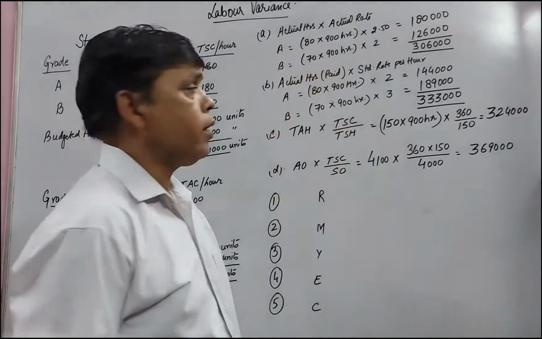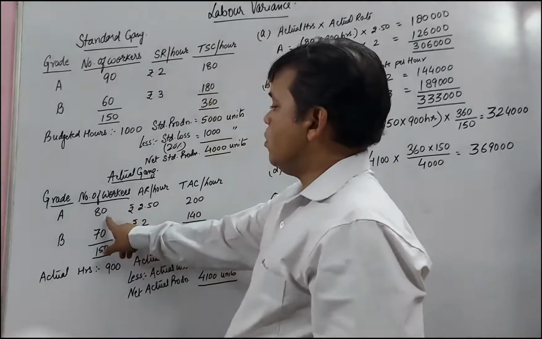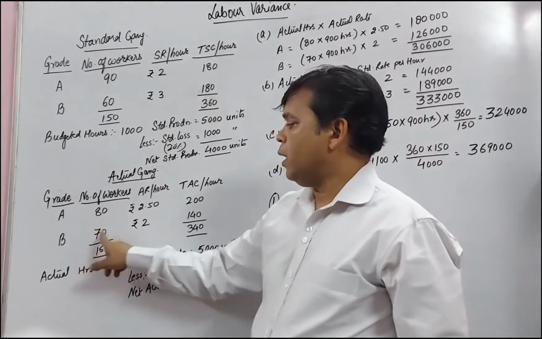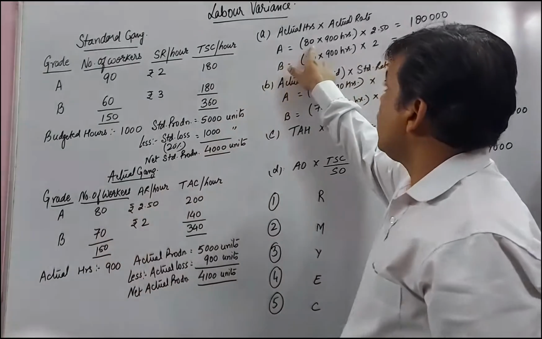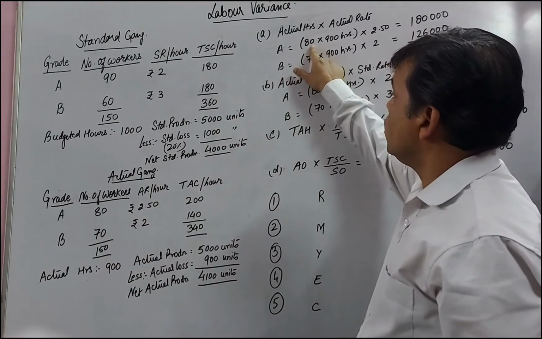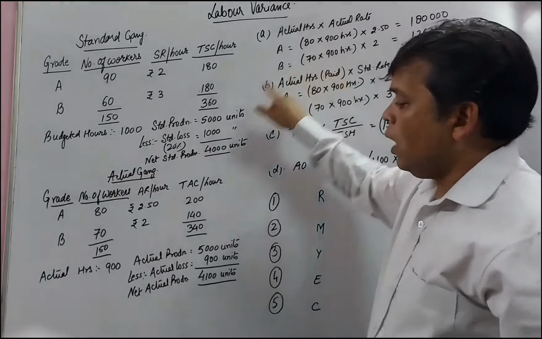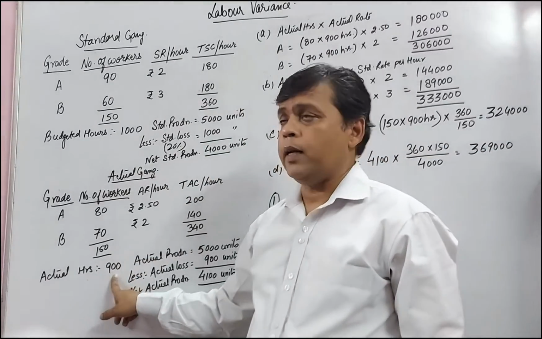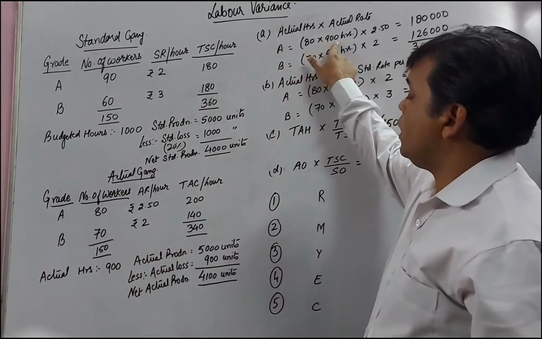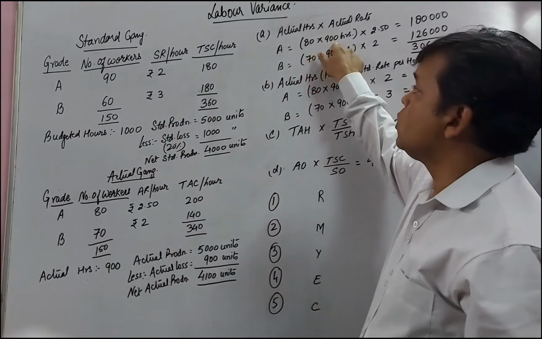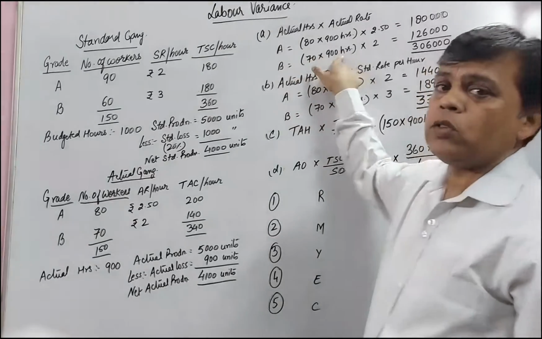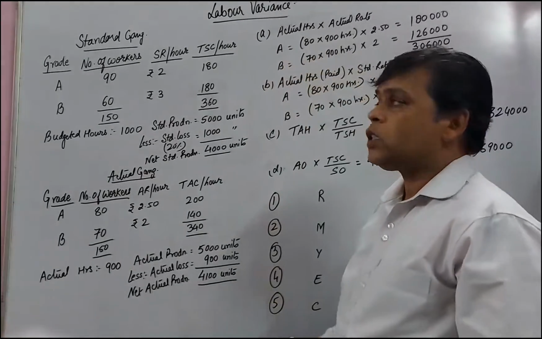Actual hours into actual rate basically means that the number of workers in actual is 80 for grade A and 70 for grade B, and the actual hours worked by each worker is 900. So 80 into 900 gives you the actual hours worked of grade A, and 70 into 900 gives you that for grade B.